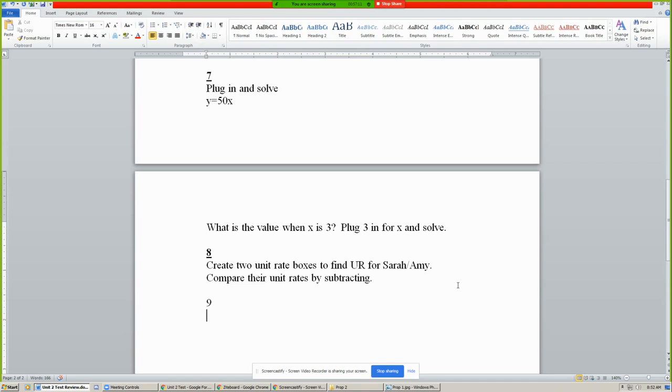Okay, number 9. It gives you a table, and it's asking you, is it proportional?